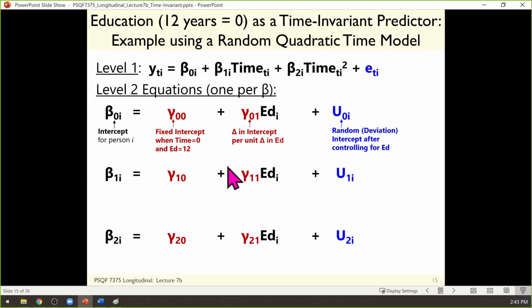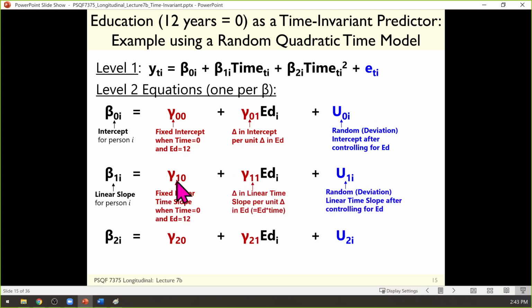So this is where it gets a little tricky. Beta 1 is the linear rate of change. Because we also have a quadratic rate of change, beta 1 is the linear rate of change at time 0, specifically. So gamma 10 is the expected linear rate of change at time 0, but also given the role of education in this level 2 model, it's also conditional on education equals 12.